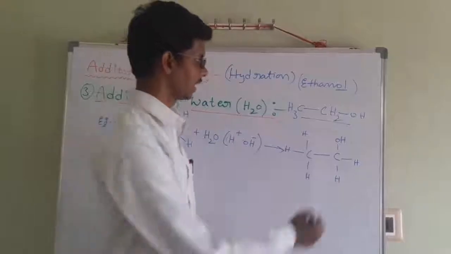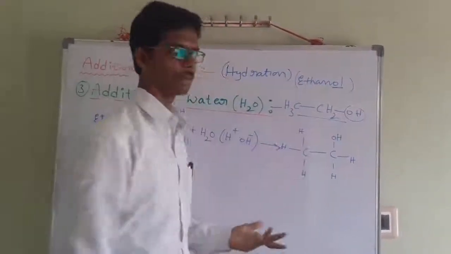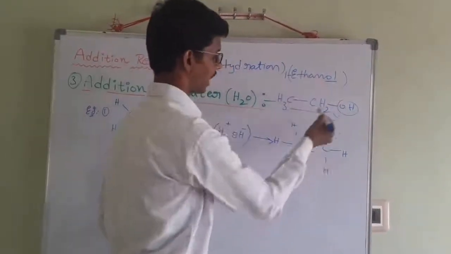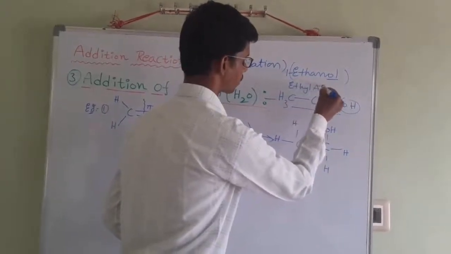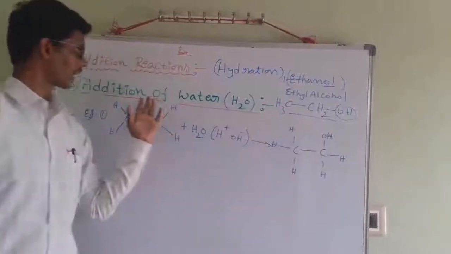Suppose OH is added to either this carbon or this carbon, that becomes the first carbon. That's why 1-ethanol or ethanol is the right one. The common name is ethyl alcohol. This is the third type of addition reaction.